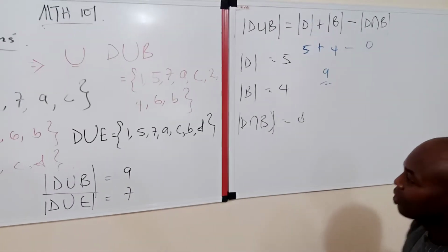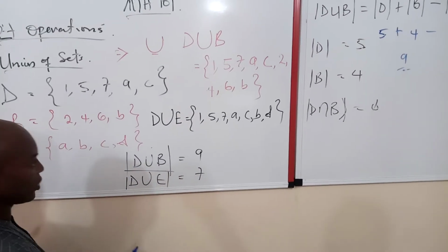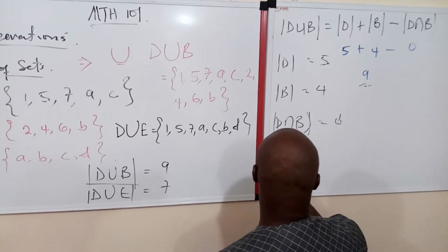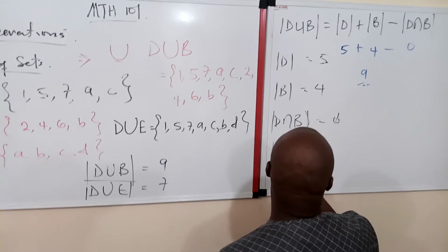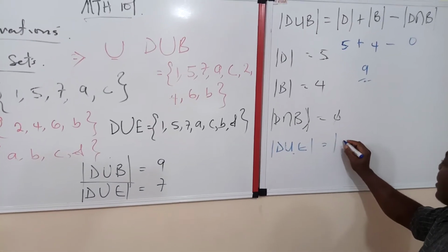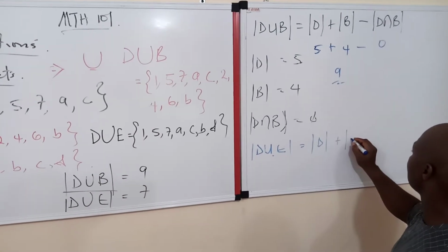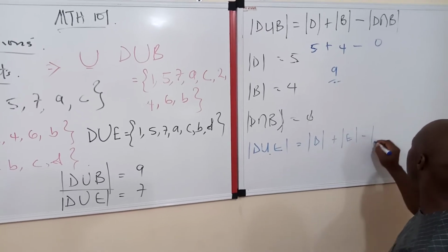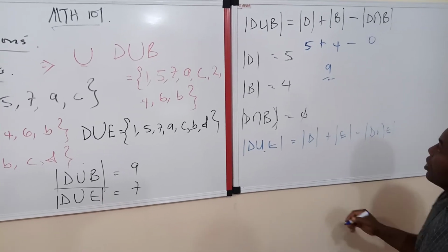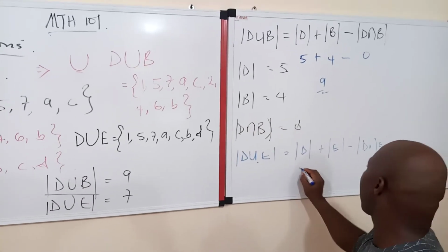In like manner, we can also use a similar formula to determine the cardinality of D union E. For that of D union E, we bring the individual cardinalities together minus the intersection, which is D intersection E. From what we did, we already have that the cardinality of D is 5.